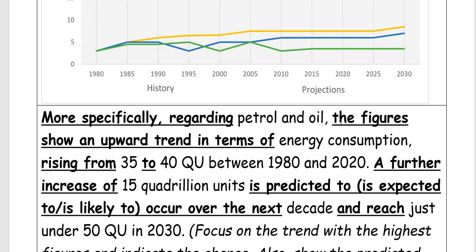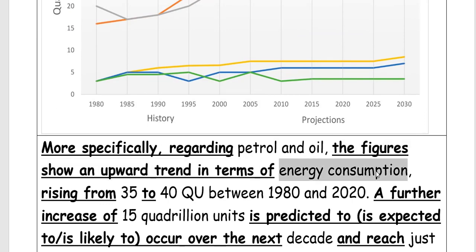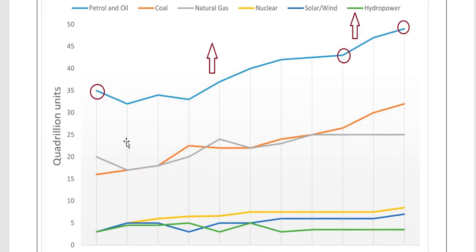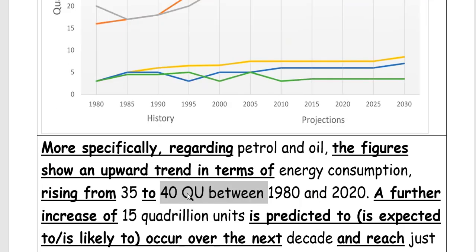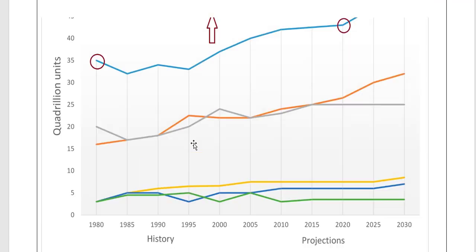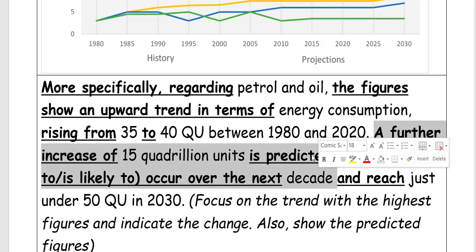So regarding petrol and oil, the figures show an upward trend in terms of energy consumption, rising from 35 to 40 quadrillion units between 1980 and 2000. So we're focusing on this period and showing that there was an upward trend. Next, a further increase of 15 quadrillion units is predicted to occur over the next decade.